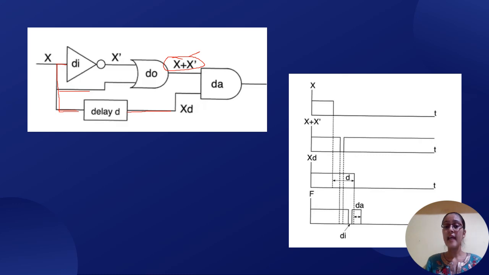The glitch appears here, you may notice, and due to this glitch and the delay of the X term, that is the input term, we can see the dynamic hazard appearing.